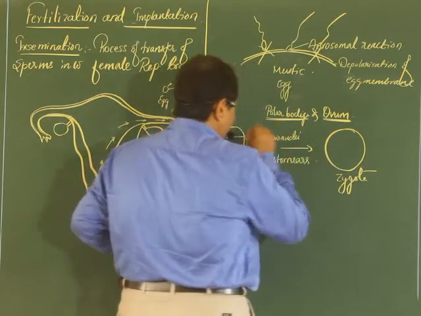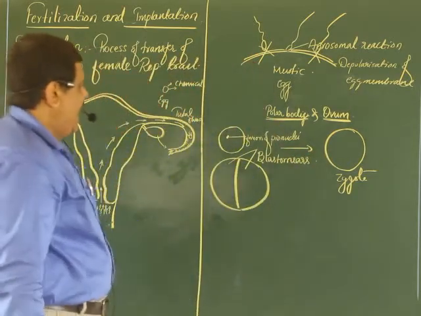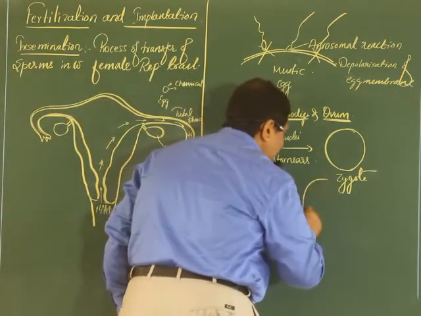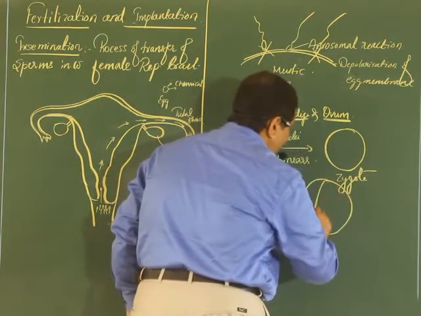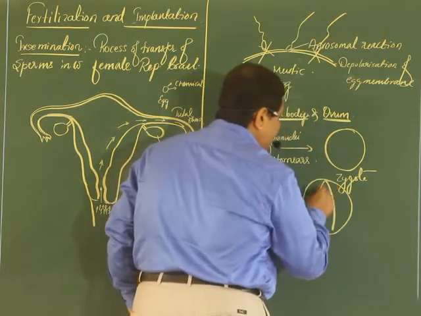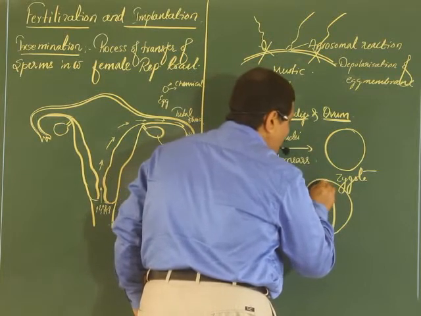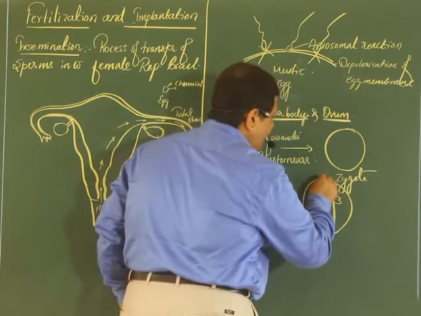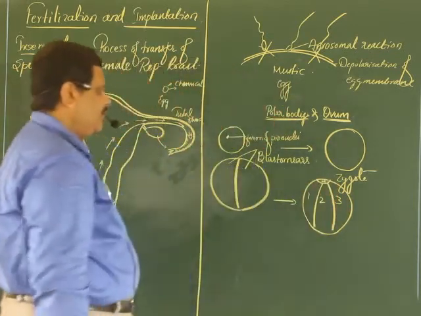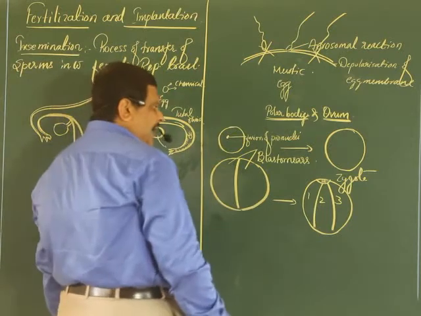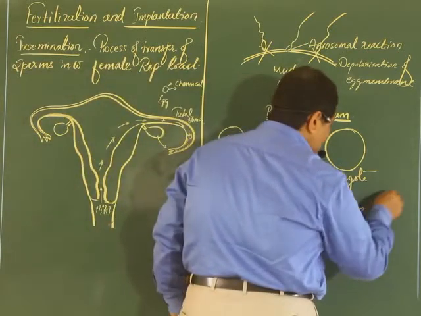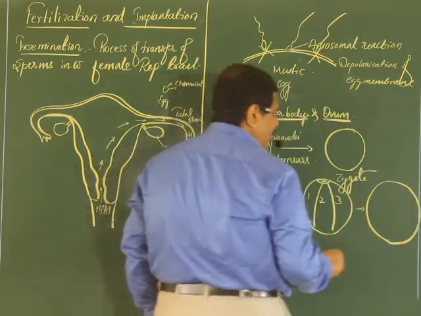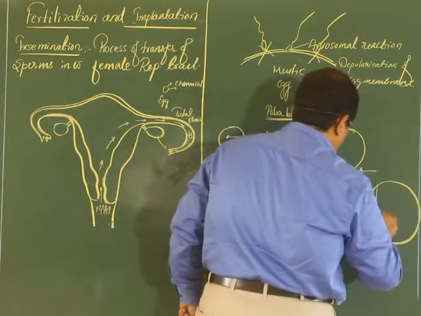Then after some time, the two blastomeres will divide to form 4 cells, 1, 2, 3, 4. After that, the 4-celled blastomere divides and leads to the formation of 8 cells.